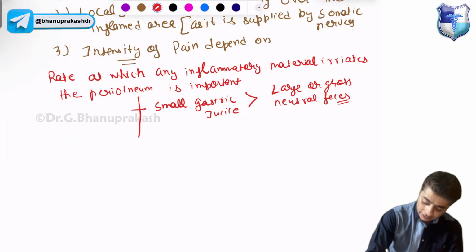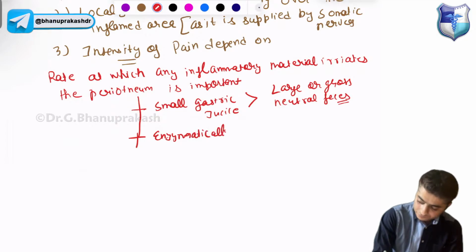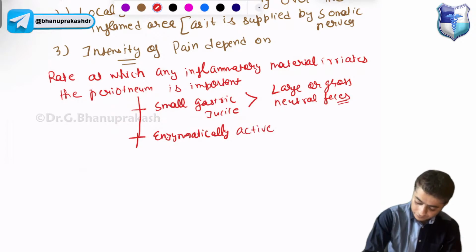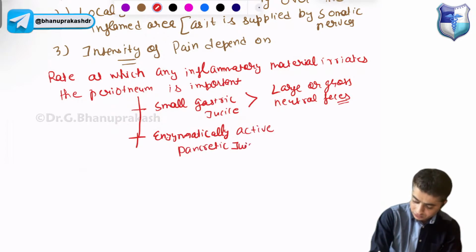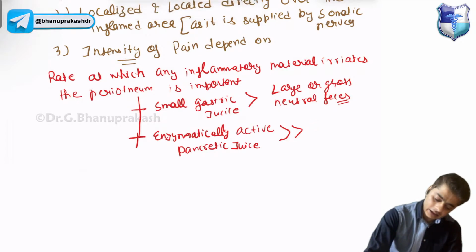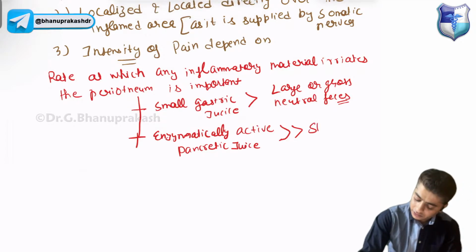After that, sometimes we have also seen that enzymatically active pancreatic juice causes much more pain as compared to sterile bile juice.